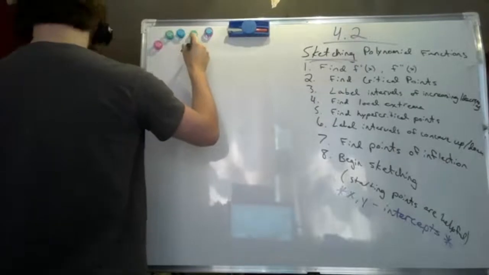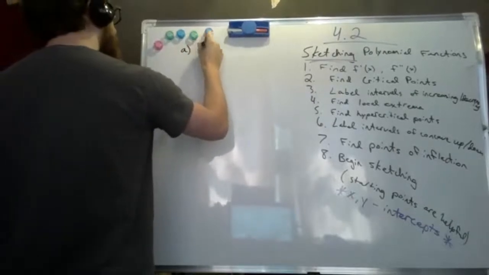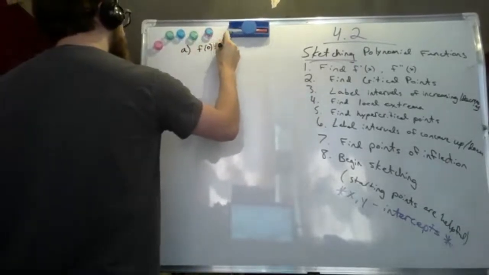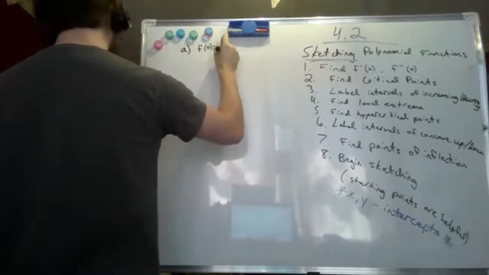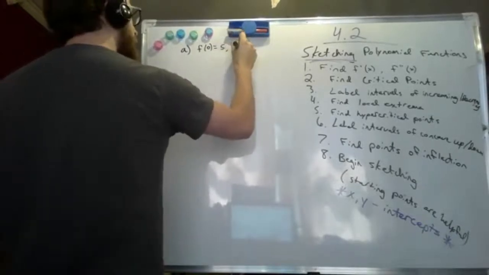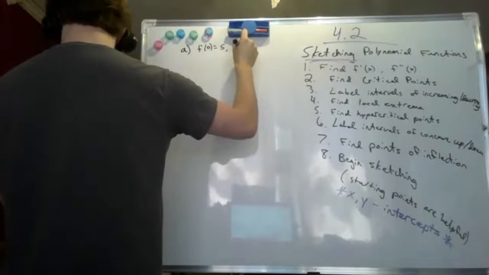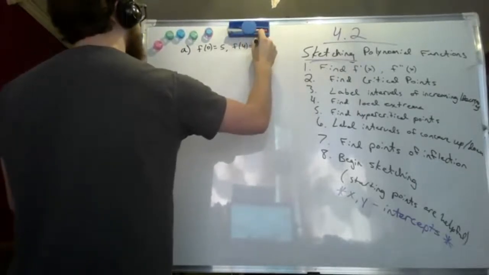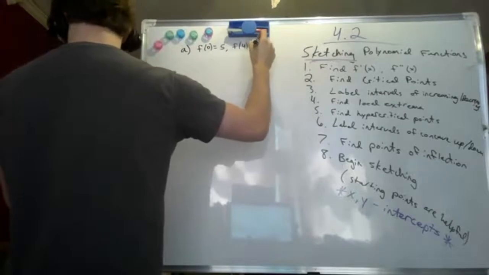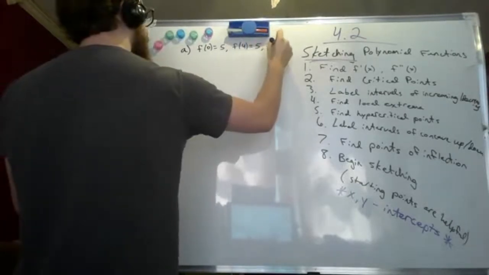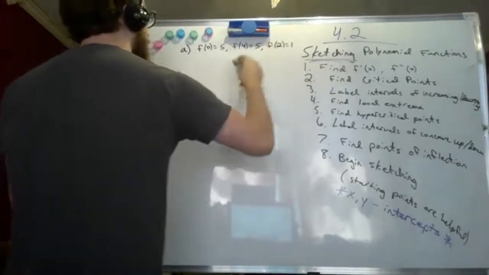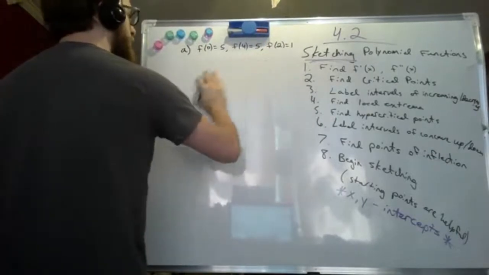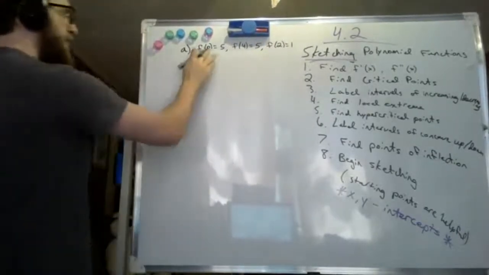We're told A, f of 0 is equal to 5. f of 4 is also equal to 5. And we're told f of 2 is equal to 1. So they give us a lot of information here with these points. We have a y-intercept here.